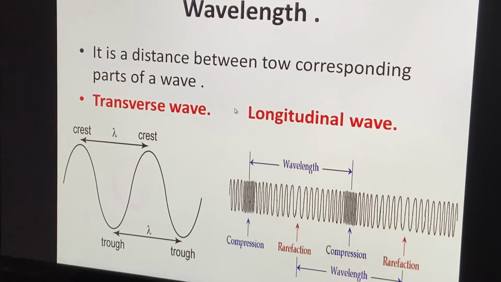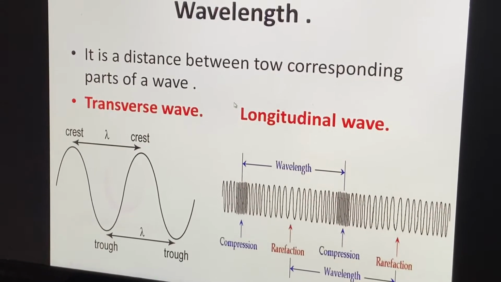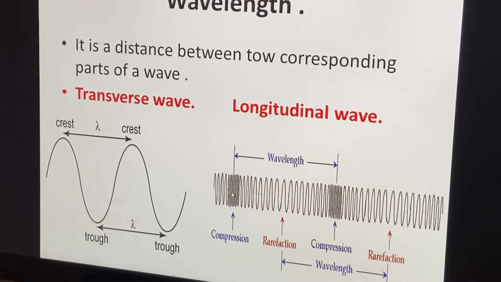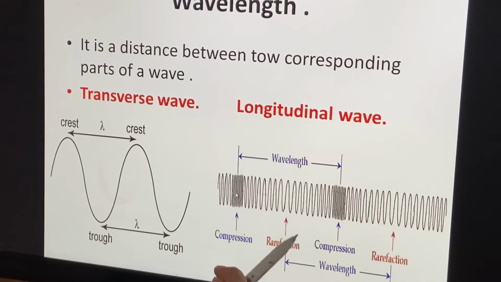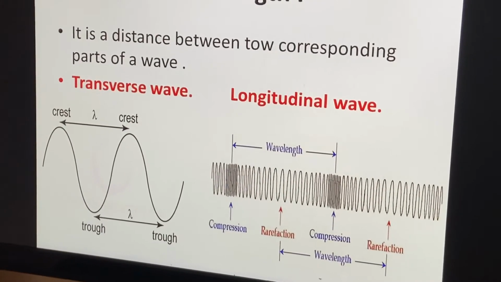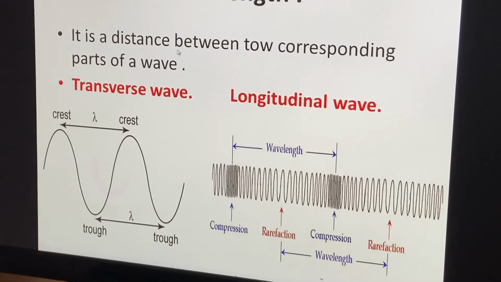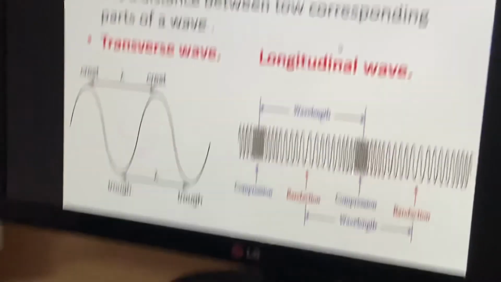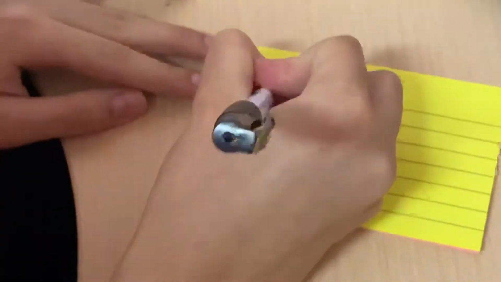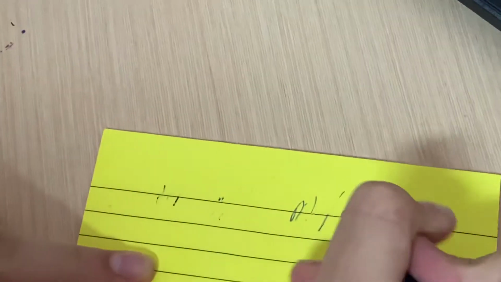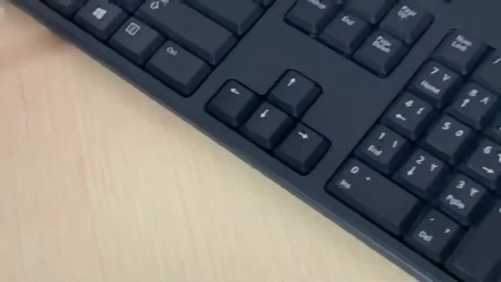But if you were talking about the wavelength of a longitudinal wave, it will be from this compression to this compression, or from this rarefaction to this rarefaction. And because the wavelength is a distance, it will be measured in meters or centimeters.